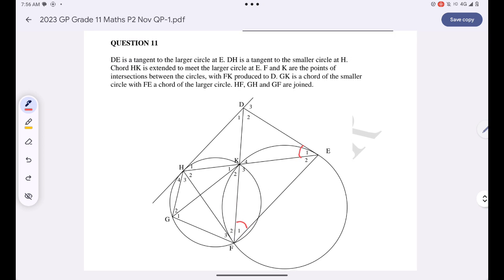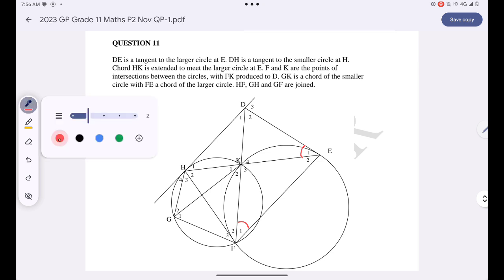DH is a tangent to the smaller circle at H. Tan chord theorem, guys. Chord HK is extended to meet the larger circle at E.